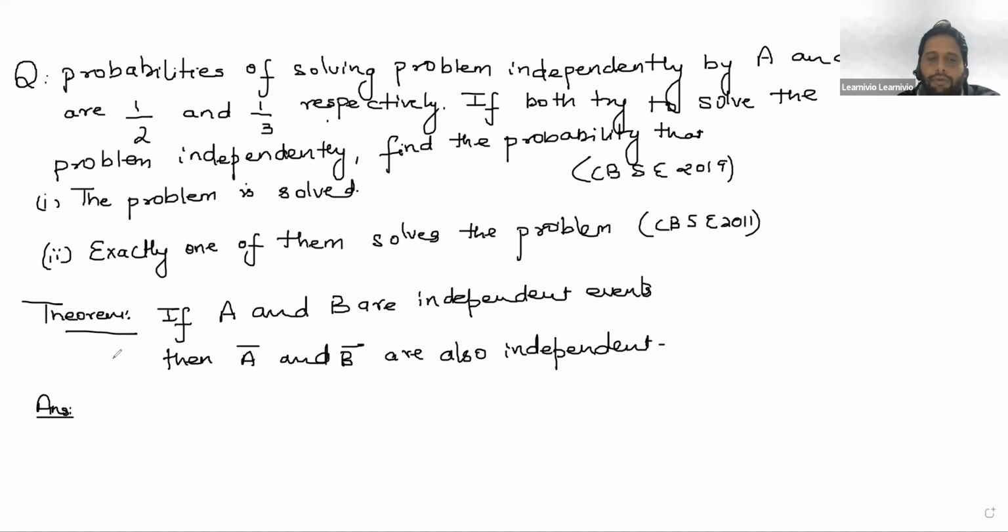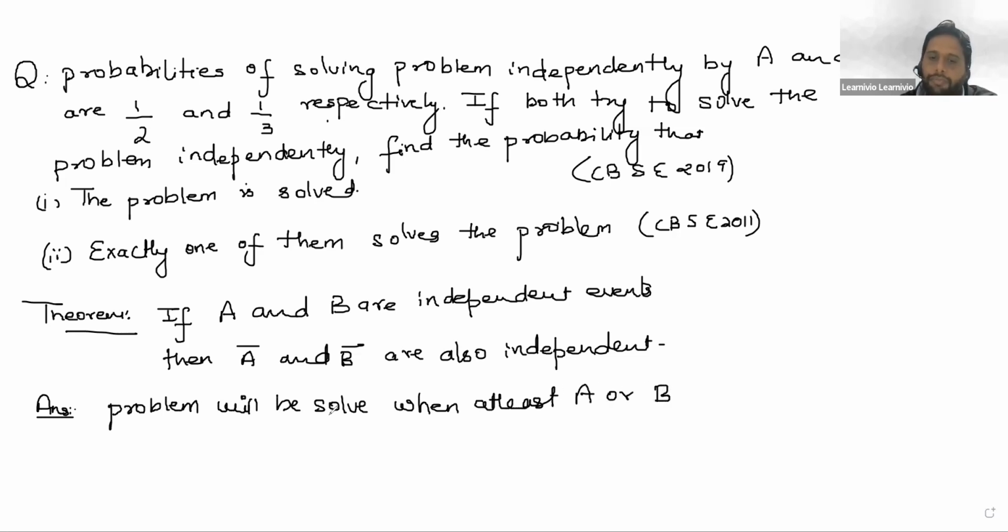So when the problem will be solved, when? What is the case, Atif? Either A or B solves the problem. So the problem will be solved when at least A or B solves the problem.